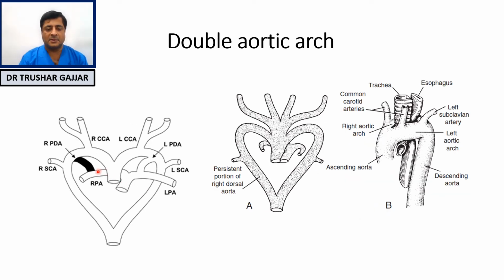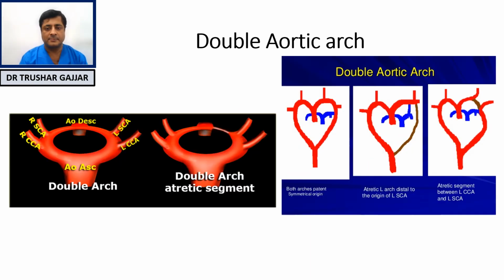If only the left sixth arch distal portion disappears and the remaining portion remains as it is in embryonic form, it will lead to the formation of double aortic arch, which may compress the trachea or esophagus. This double aortic arch will be of two varieties.